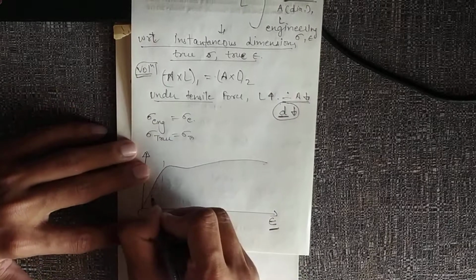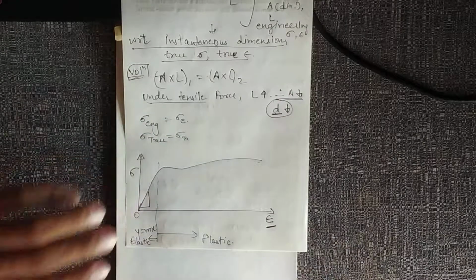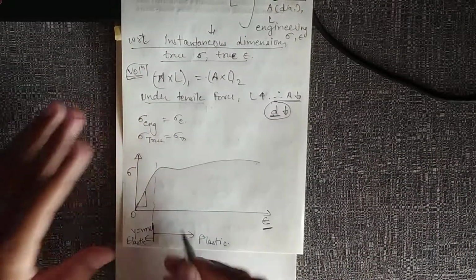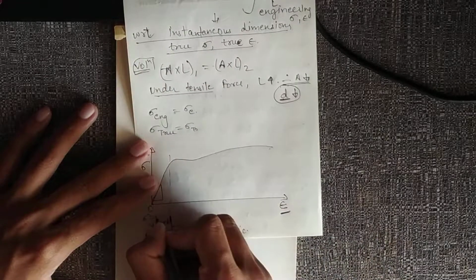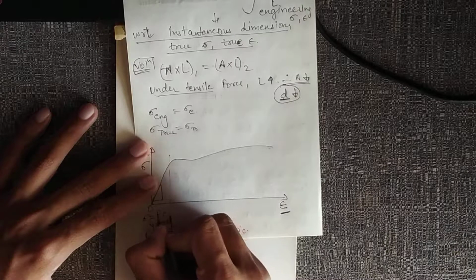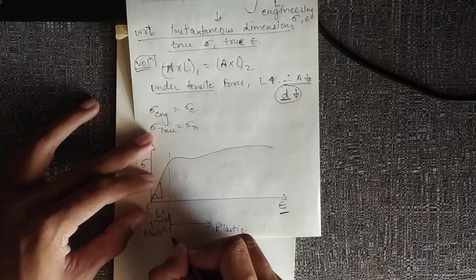Over here this slope indicates the elastic modulus, and the plastic modulus has a different value. Till this point there is a linear relation between stress and strain, and this slope is given by E, the elastic modulus.